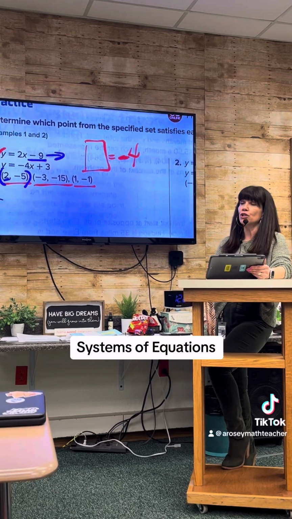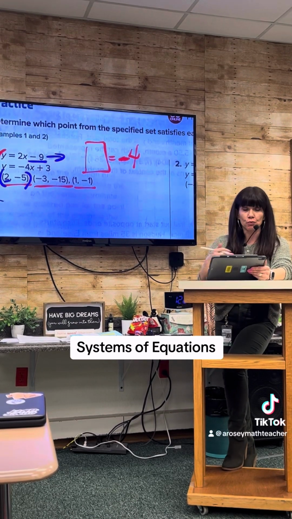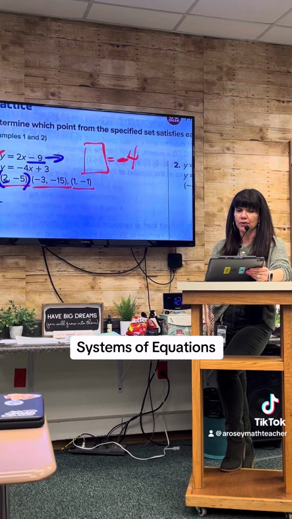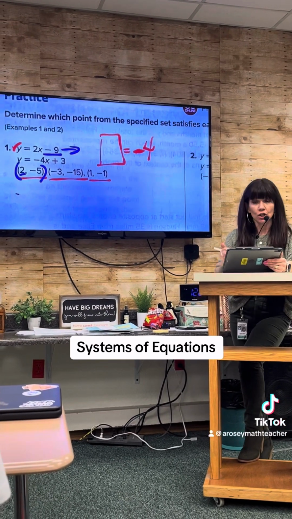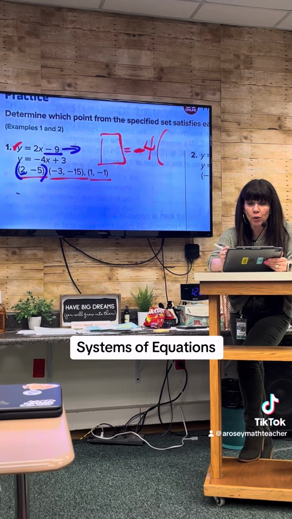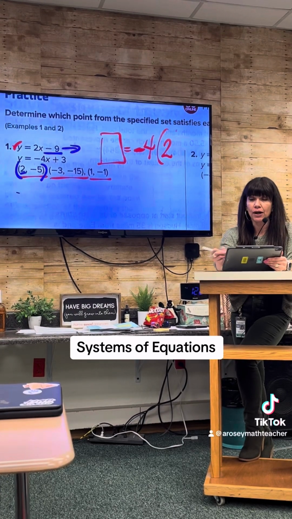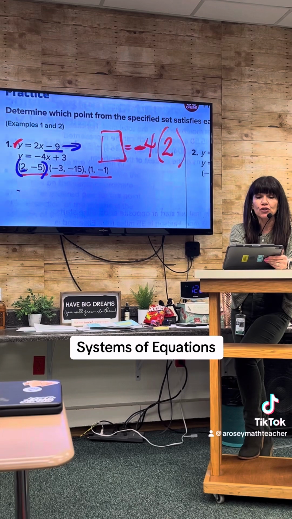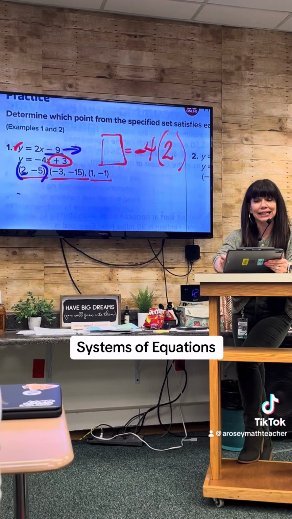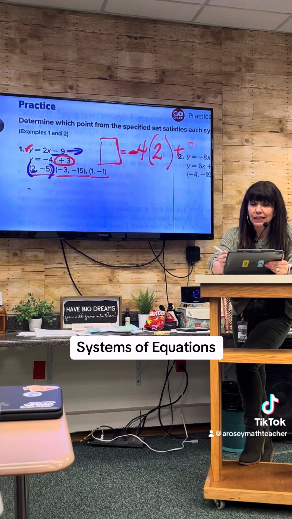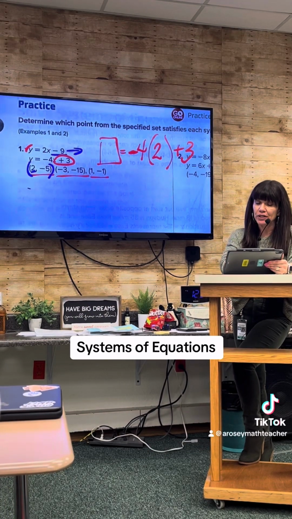Again, what do I put in place of the x? Sean, what goes in place of that x? 2. Correct. Excellent, because the 2 always comes first in the ordered pair. So negative 4 times 2, and then don't forget the rest of that equation. It says to add what, Phoenix? 3. Excellent. Okay, now underneath, guys, do a scooperoo.